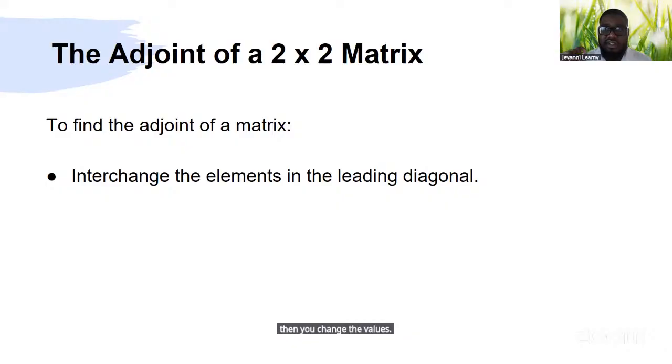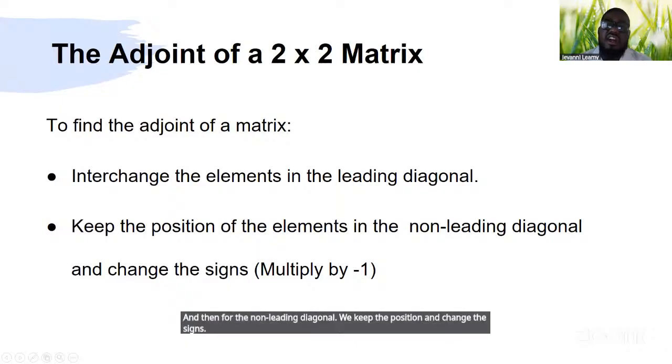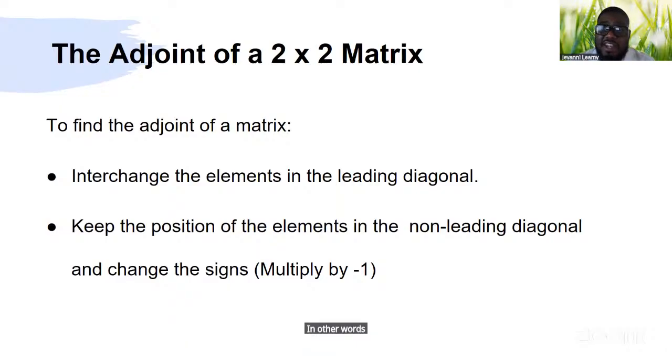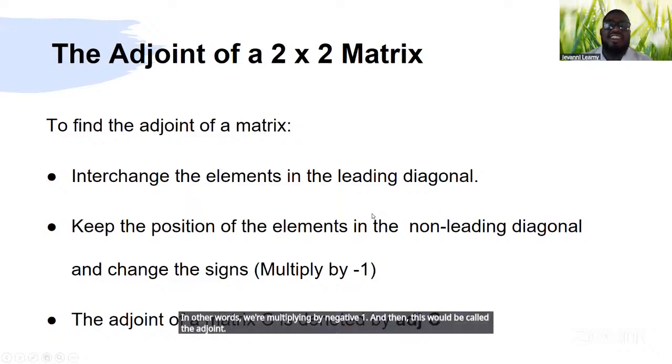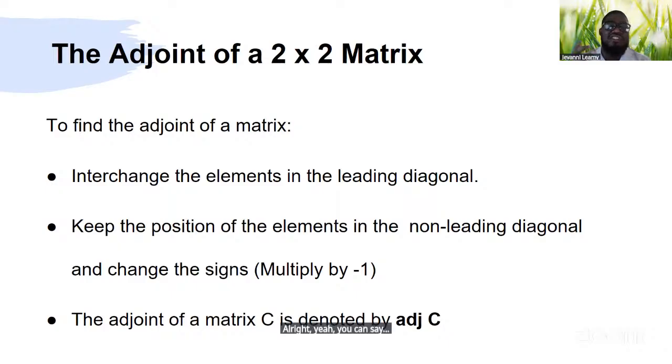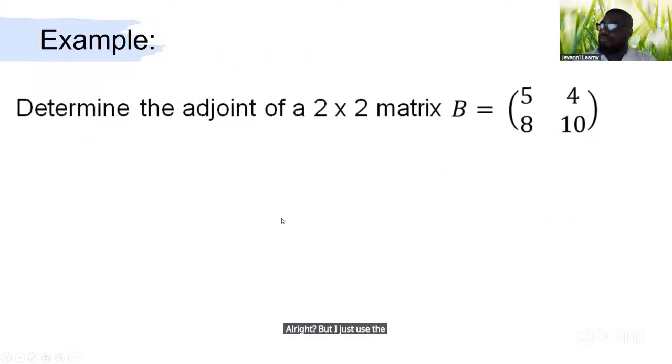We'll go through examples of that as well. And then for the non-leading diagonal, we keep the position and change the signs. In other words, we're multiplying by -1. And then this would be called the adjoint. You can say flip, or some persons will say swap as it pertains to the leading diagonal, but I just use the word interchange.